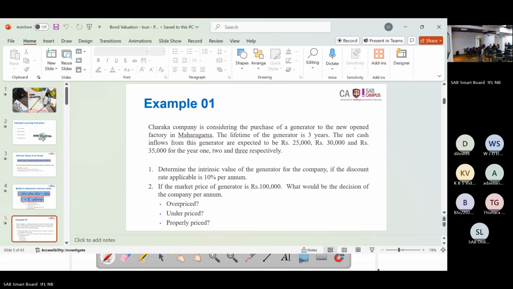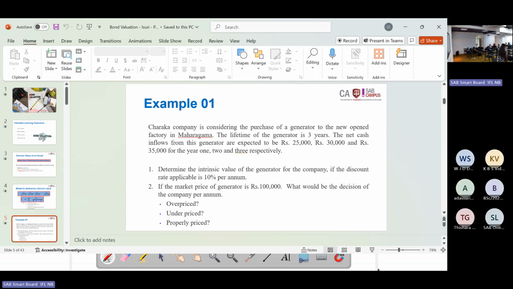Overpriced. Why? The value is 73,000, but it's trading at 100,000. It's reflecting in the market that it's overpriced. So do we need to buy that asset? Yes or no? No, we don't. Why should we buy the asset even if we have a value of 73,000, since it is trading at 100,000?